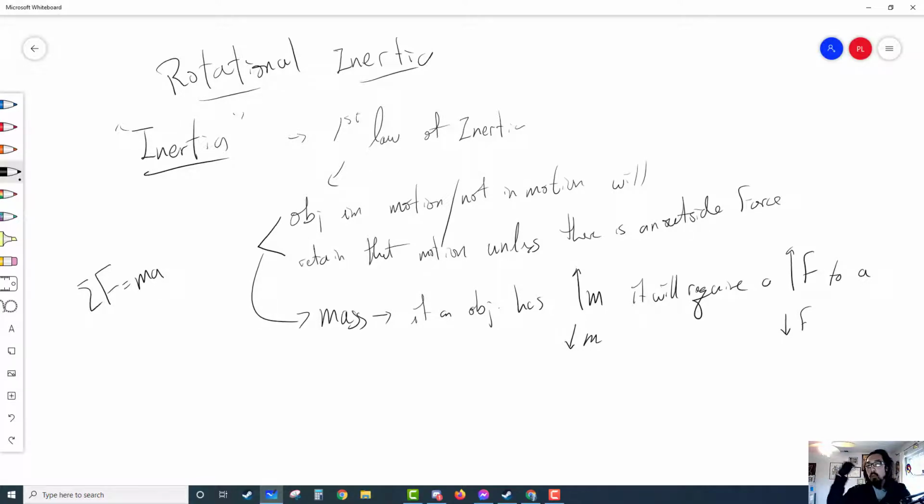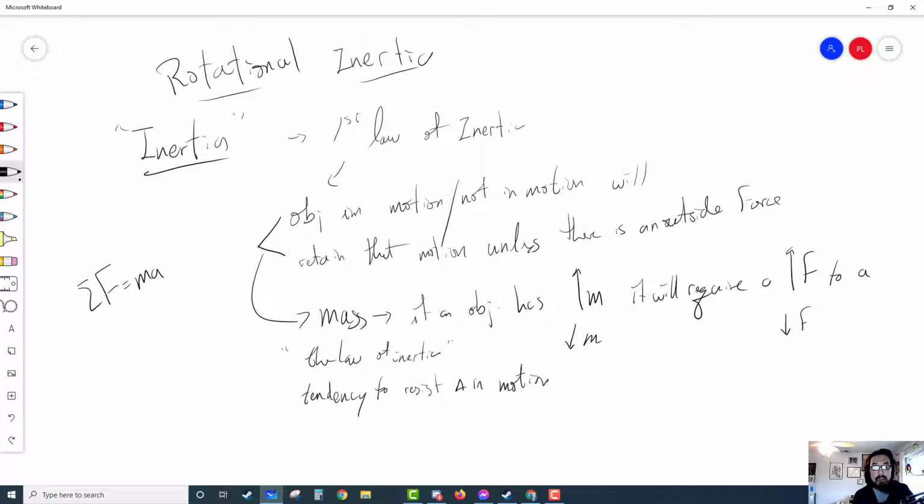So this is one of those big ideas we're building up to, and this is the law of inertia. Inertia, just think about it like an object's mass. Its tendency, well, this is actually what inertia is, the tendency to resist a change in motion.